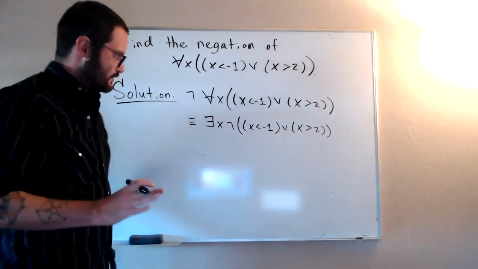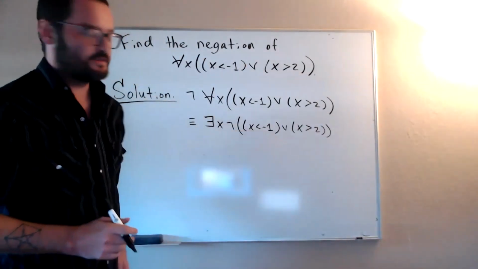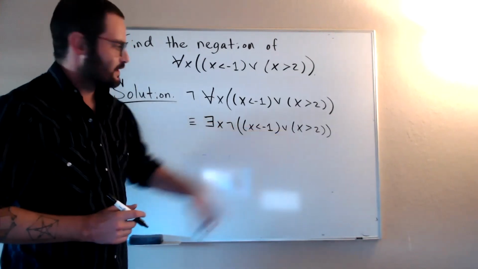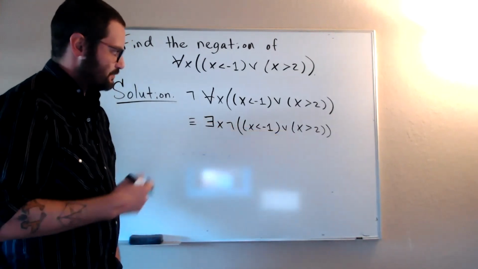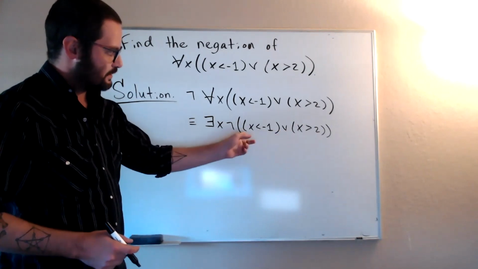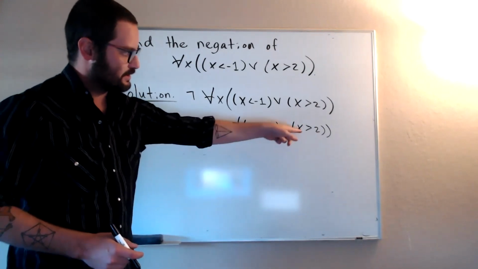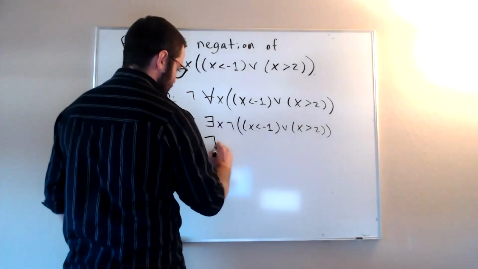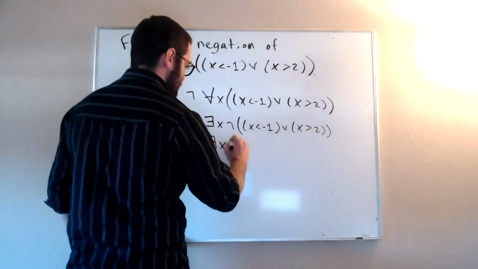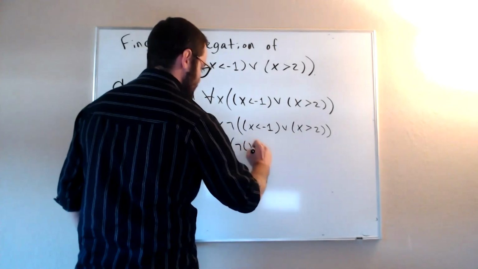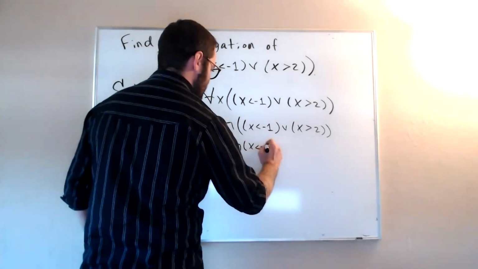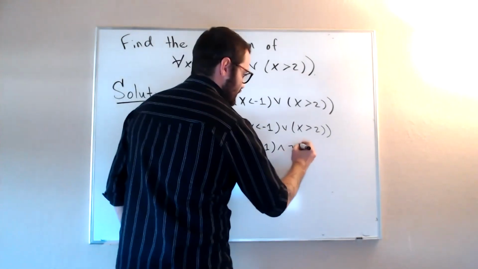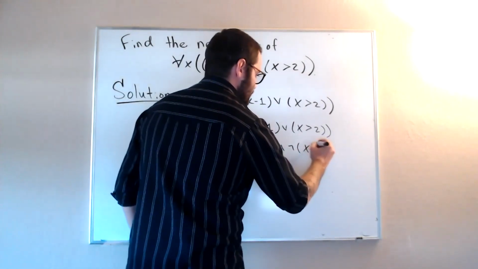Okay, but we're not done. We need to also negate this statement in here. So we see that we have the negation of an or. So by De Morgan's law, this is going to become negation and negation of that. So this will be there exists x, not the case that x is less than -1, and not the case that x is greater than 2.